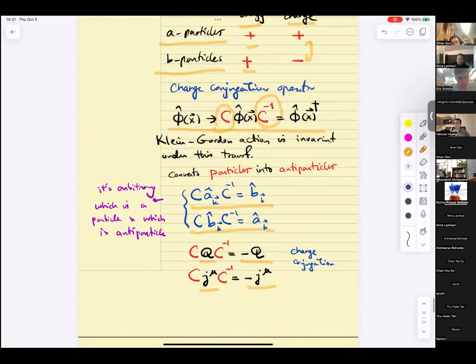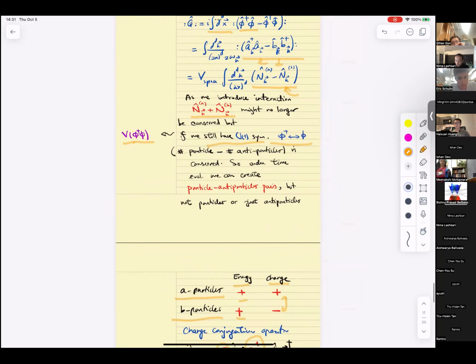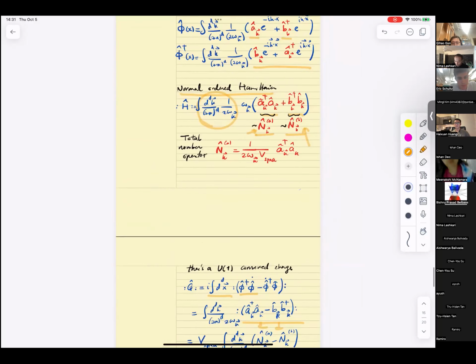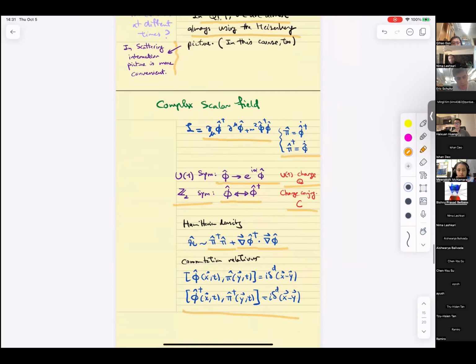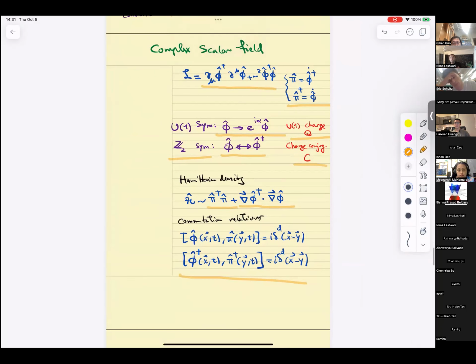Okay, so let me summarize. What we did was that after the discussion of the real scalar field, we picked the example of a complex scalar field. Now there are two symmetries that appear. One of them is the Z2 symmetry, which swaps phi and phi dagger.